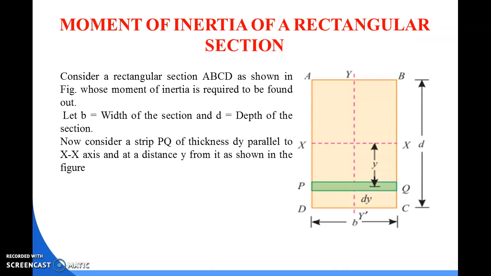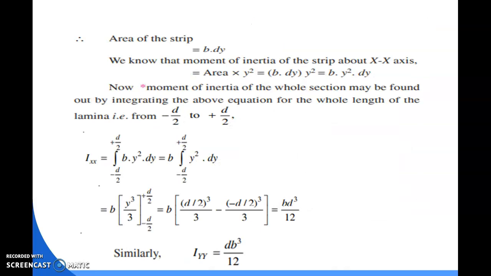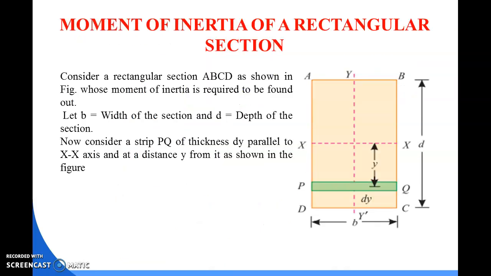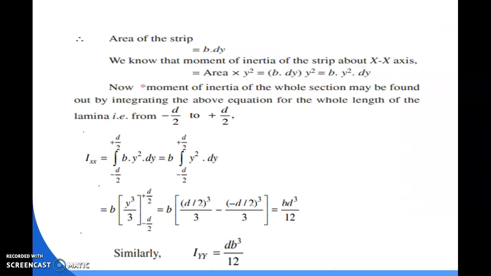Now, for the rectangular section, the moment of inertia value along the x-axis and y-axis is different. As we know, a rectangular section is symmetric about both axes, that means along the x-axis and y-axis. So the value of moment of inertia along the x-axis is different and along the y-axis is also different.